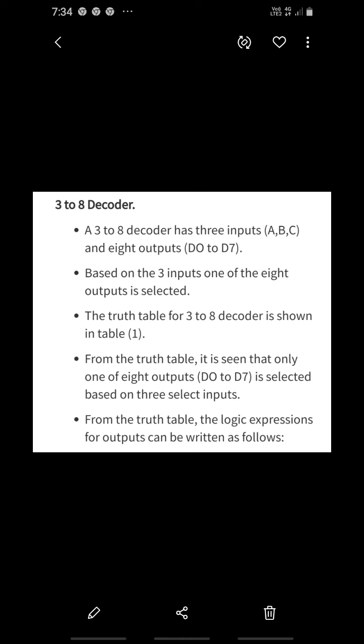From the truth table, it is seen that only one of 8 outputs, D0 to D7, is selected based on three select inputs. From the truth table, the logic expression for outputs can be written as follows.